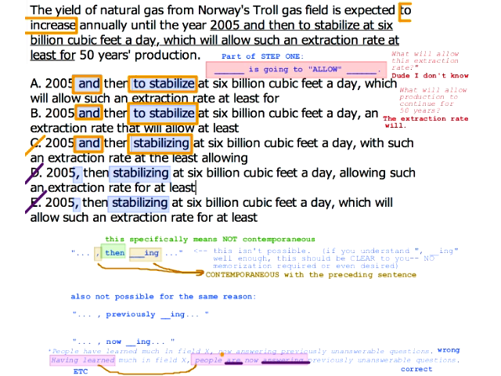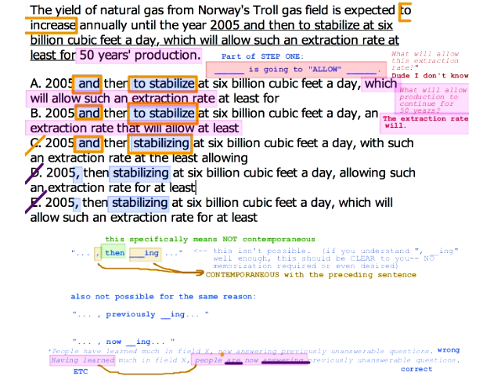Remember, this needs to be figured out before, not during, before the answer choices. Before you get to them, you need to figure this out. So, this is the answer to our question. We need to say that the extraction rate will allow. This is exactly what choice B says. It is not what choice A says.